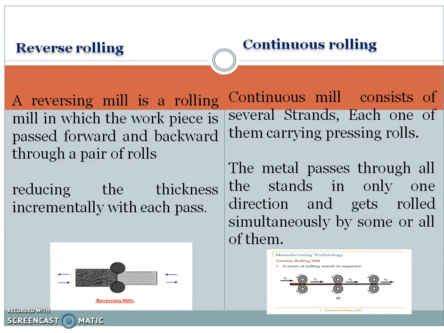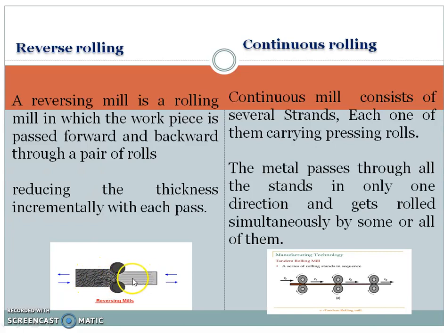Reversing mill is a rolling mill in which the workpiece is passed forward and backward through a pair of rolls. You can check the diagram here. The same workpiece makes forward and backward motion, so that the reversing operation takes place to reduce the thickness of each part.